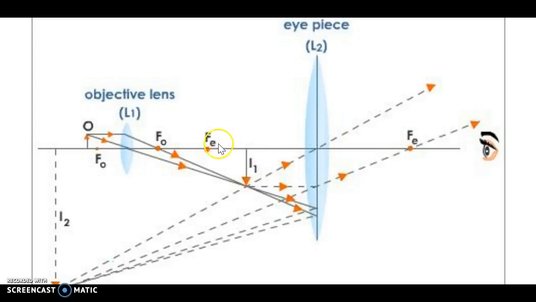Make sure it's in between those 2 parts. If it's not, then you should change the length of your microscope so that that occurs. When the real image from your objective lens is between the eyepiece and the eyepiece focal point, you're going to create a third image, which is a virtual image, and that one is going to be magnified the most.